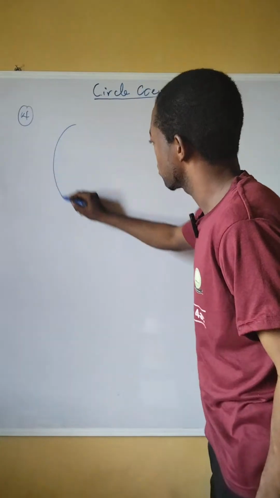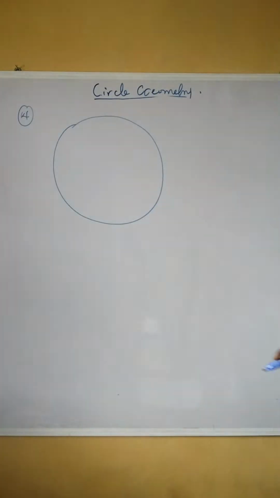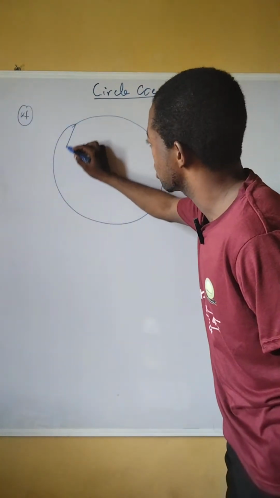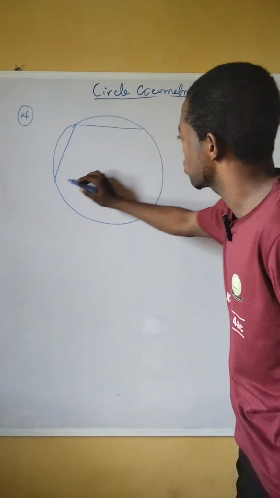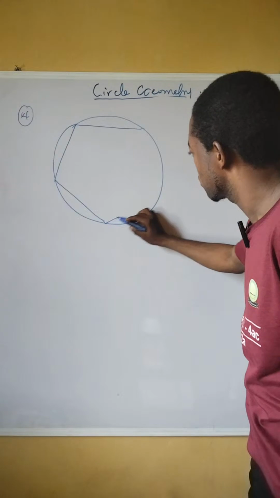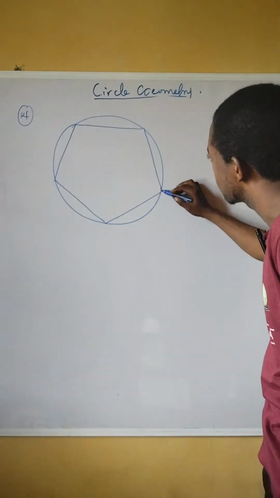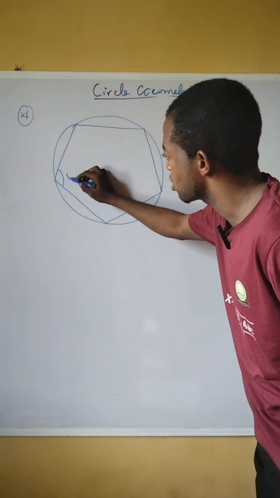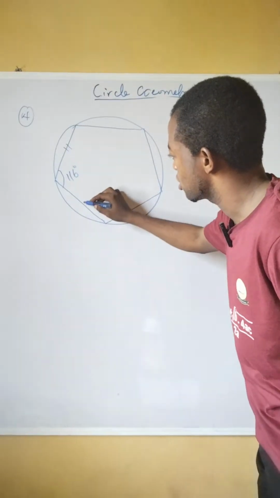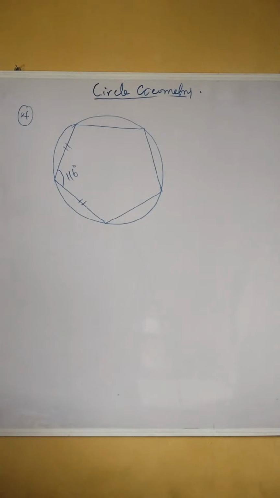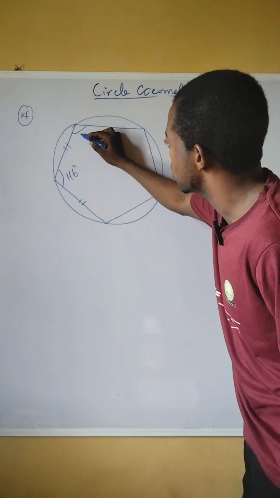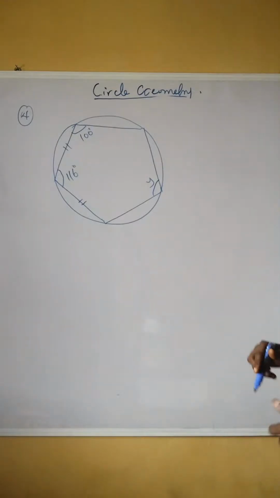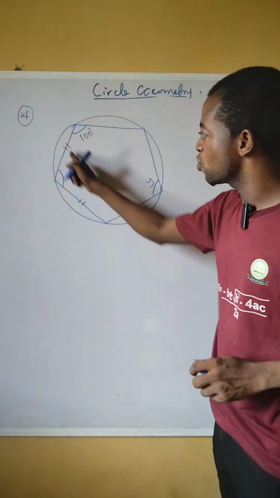Given a circle, something like this. So we have 1, 2, 3, 4, 5. Something like a 5-sided shape, like a pentagon. Here we are given this angle to be 116 degrees. These two sides are equal, have the same symbol, and this angle here, we say is 100 degrees, and find the value of y.